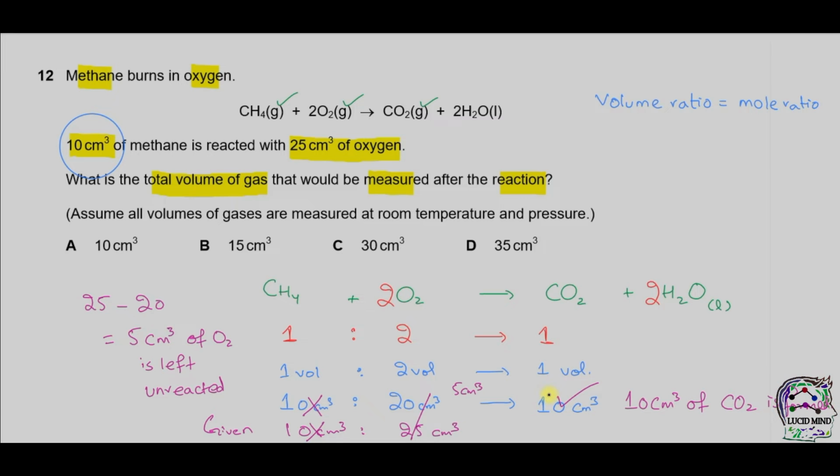Now the total volume of gases: we have 5 centimeter cube of oxygen. All methane has reacted and CO2 is formed. 10 centimeter cube of CO2 is formed. Total volume after chemical reaction is 15 centimeter cube. Correct answer is therefore B.